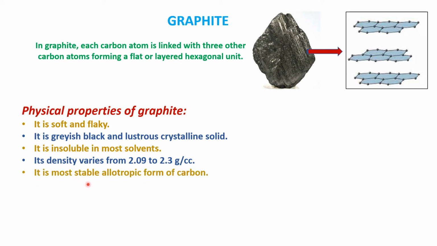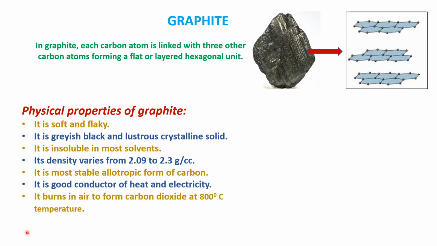It is the most stable allotropic form of carbon, and it is a good conductor of heat and electricity. It burns in air to form carbon dioxide at 800 degrees centigrade.